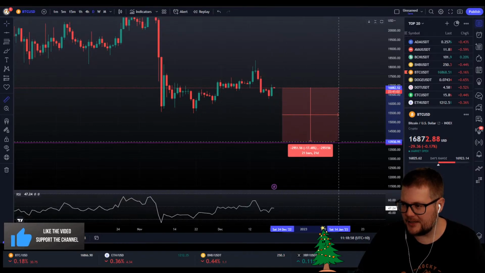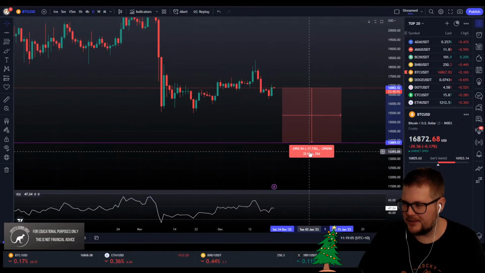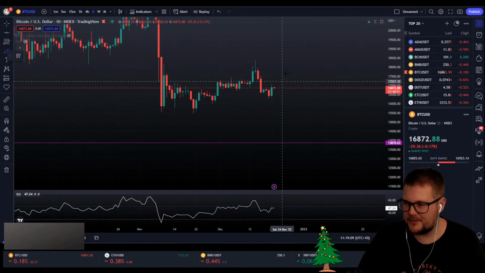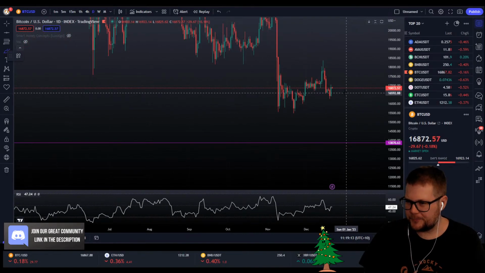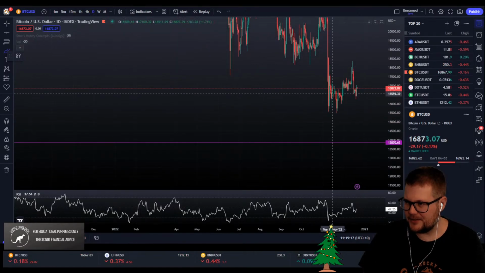If we are to test 14k or 13,880, whatever you want to call it, an almost 18% drop is a very profitable move. But the big question is, are we even going to get that?